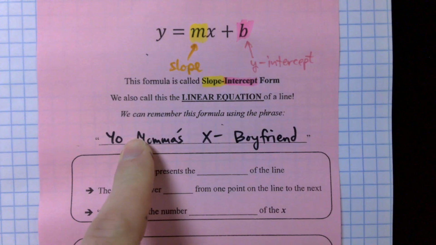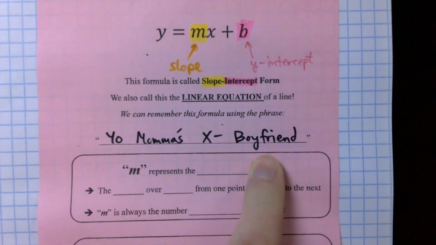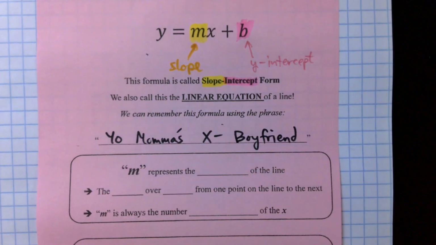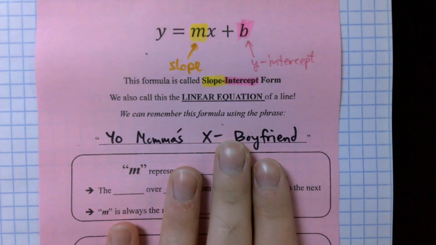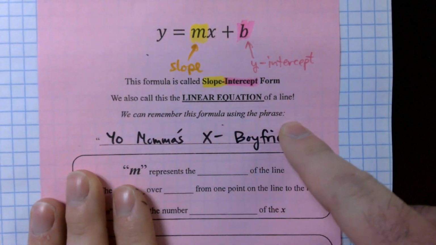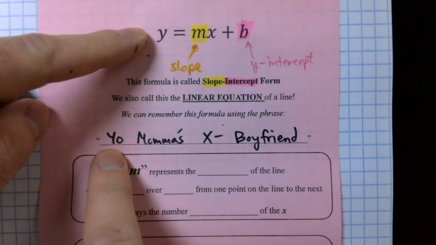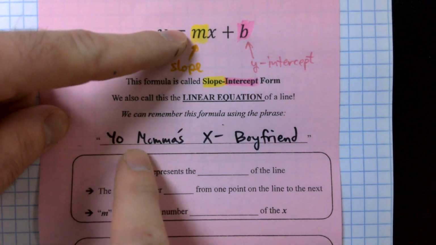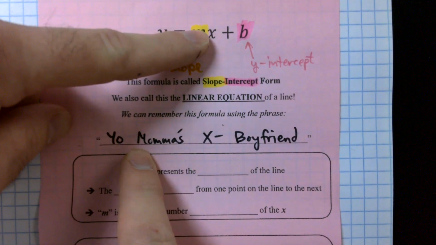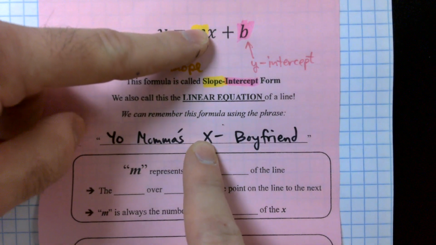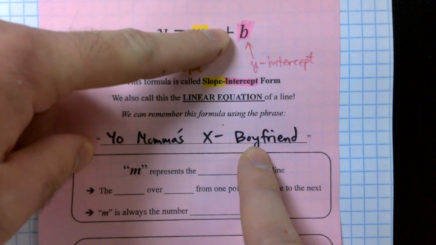Yo. Mama's ex-boyfriend. Now, I don't want to get into any of y'all's mama's business. Okay, I don't need to know who their ex-boyfriends are. But this phrase is going to help us remember the order in which these letters go. Y is yo. M for mamas. X for ex, obviously. And B for boyfriend.